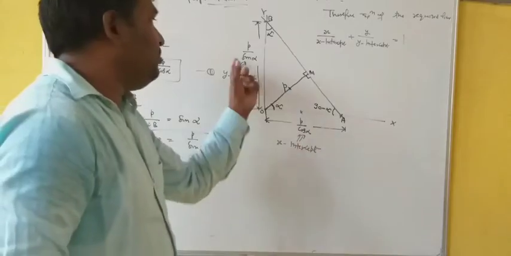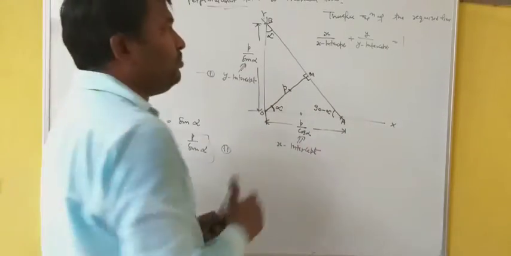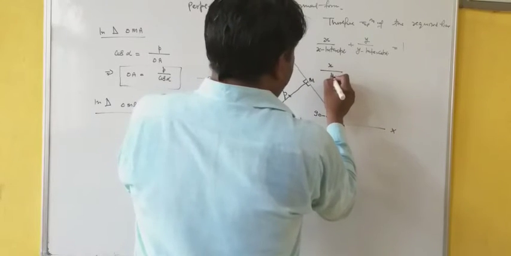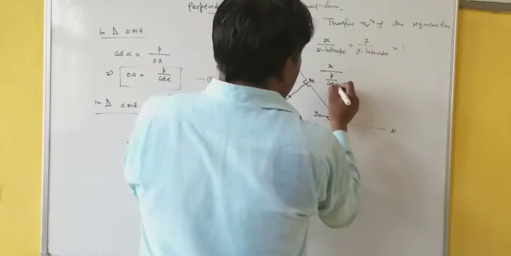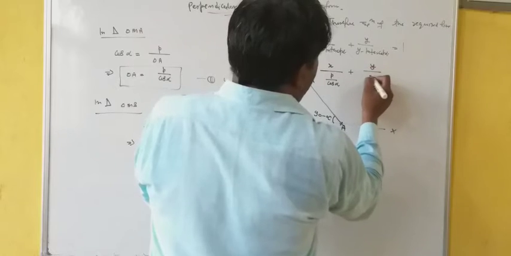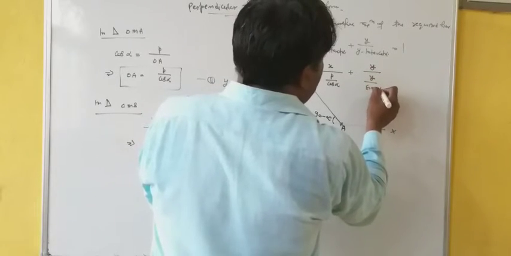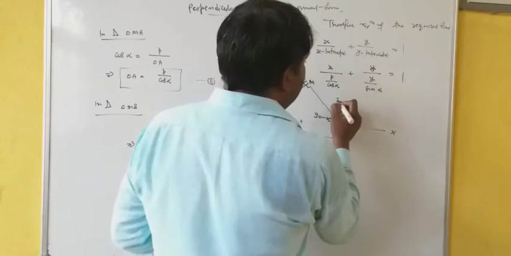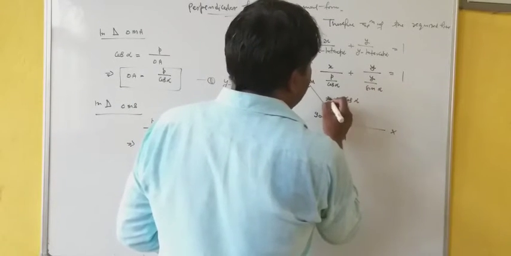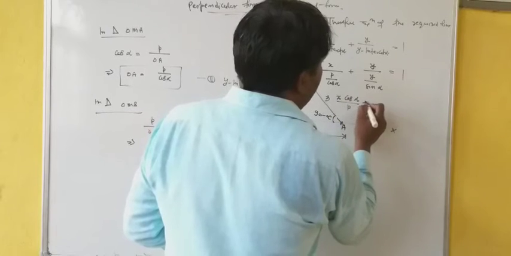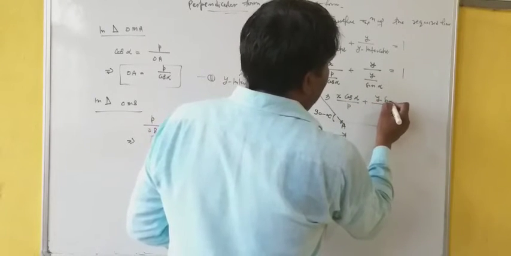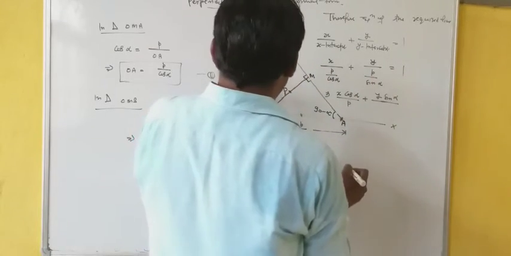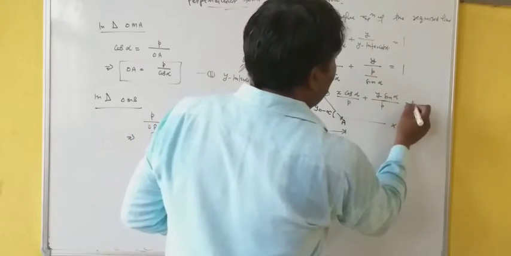Since both x and y intercepts are known now, putting in this equation, x upon x intercept is p upon cos alpha, plus y upon y intercept is y upon sin alpha, is equal to 1. So this cos alpha will go upside, x cos alpha upon p plus y sin alpha upon p is equal to 1.